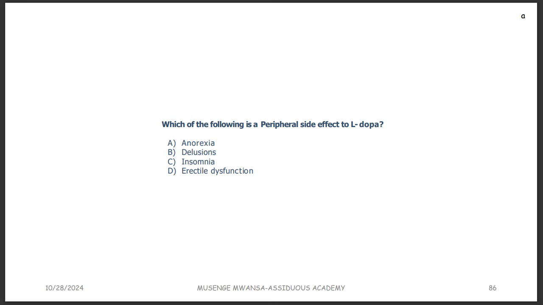So erectile dysfunction, I don't think it is a side effect of levodopa, but delusions, insomnia, those are side effects. But the only thing is that they are not peripheral. But for anorexia, someone stops eating because they're afraid of gaining. That's a side effect for levodopa.